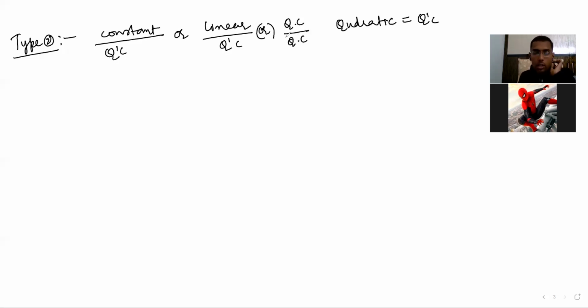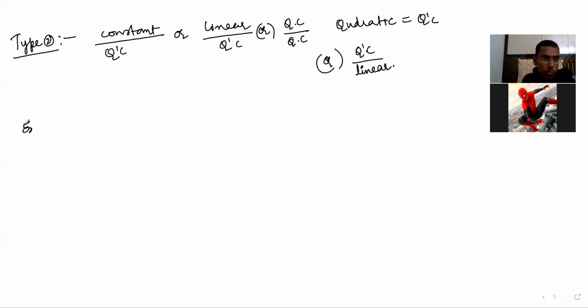One quadratic is there, either in the numerator or the denominator. Or even quadratic by linear also, with the same method. This is very rarely asked, but you should have knowledge of this. So one or two examples will do.